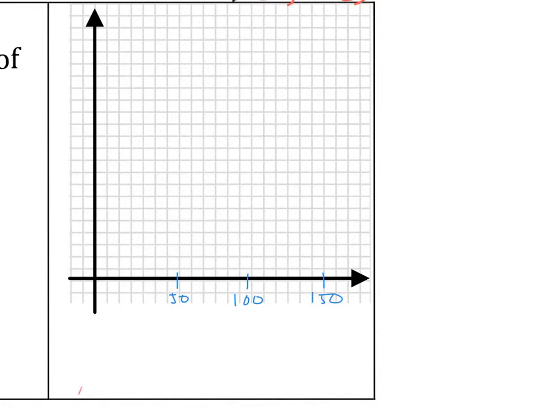And the other one, I can let this be 25, and this could be 50, 75, 100, 125. So I'm going to plot that point of intersection.